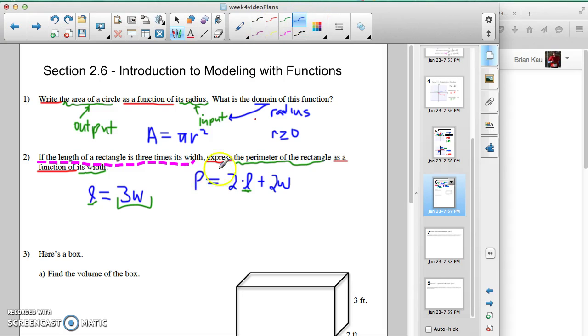So in our perimeter formula, we would rewrite it so that we can have our perimeter in terms of just widths. So we have 2 times 3W plus 2W.